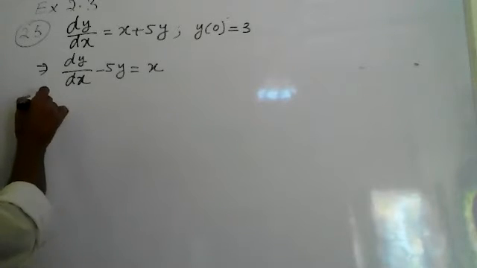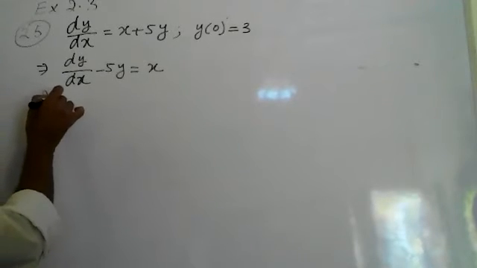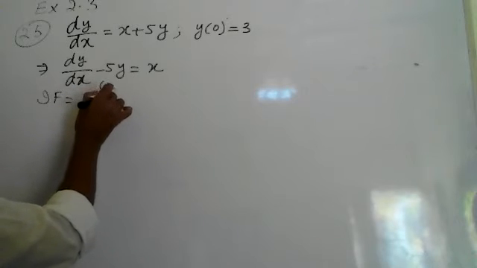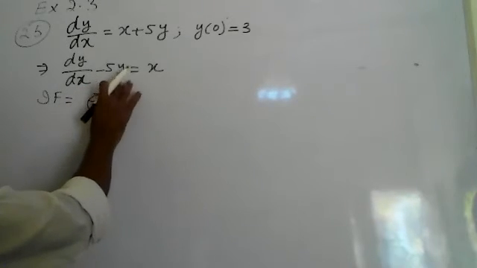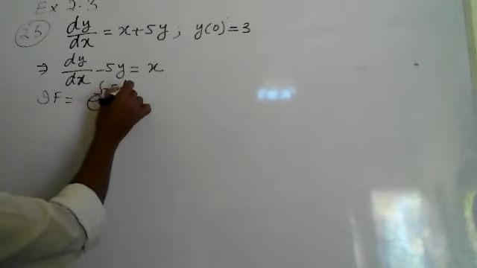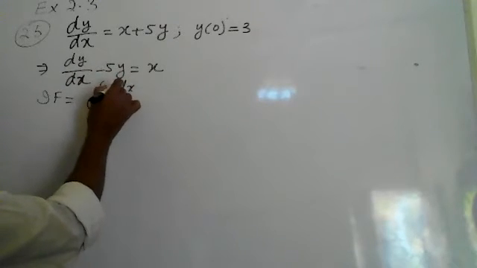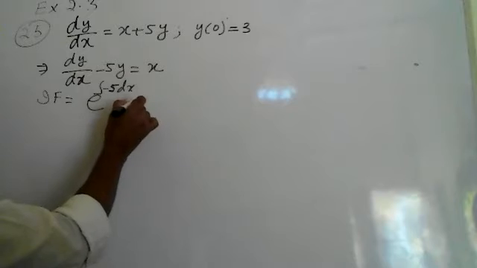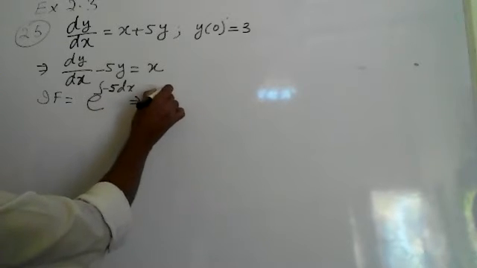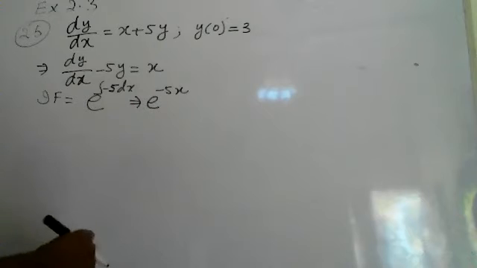Now we will find the integrating factor, which will be equal to e raised to power integral of minus 5 dx. So it will become e raised to power minus 5x upon 1.